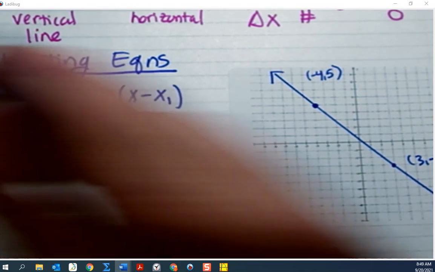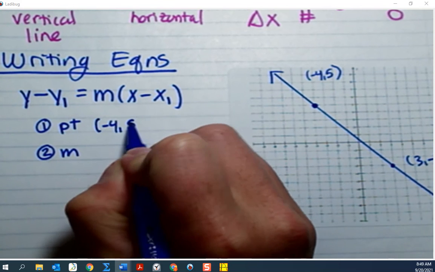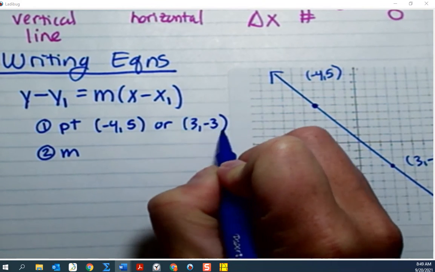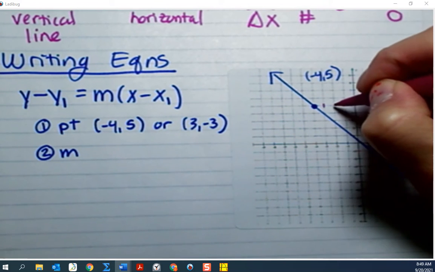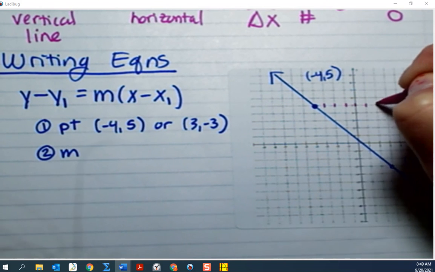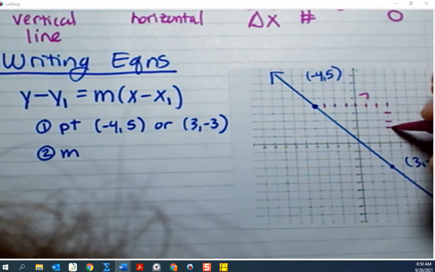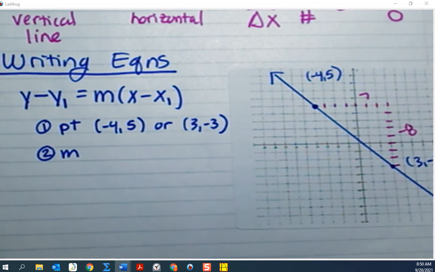Okay, so I've got 2 points that are listed here, negative 4, 5, or I've got this one here, and my slope. Okay, 7, 8.